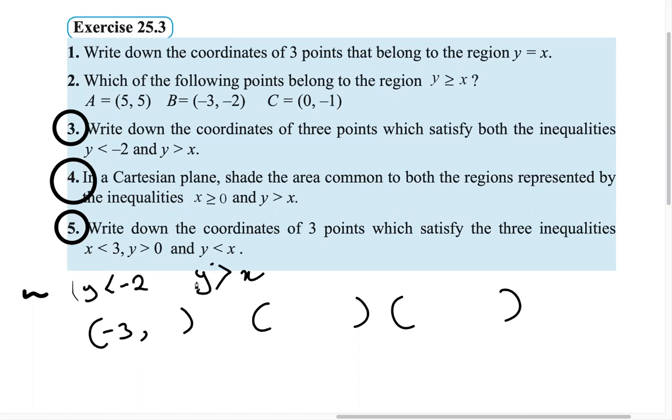Now what is the x coordinate? If you consider y as -3, x should be smaller than this y value. So you can consider -5.